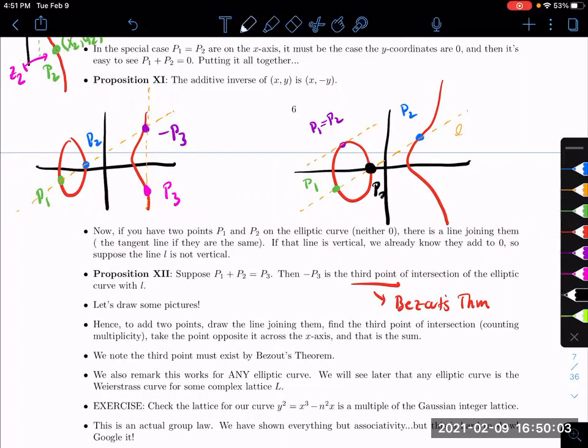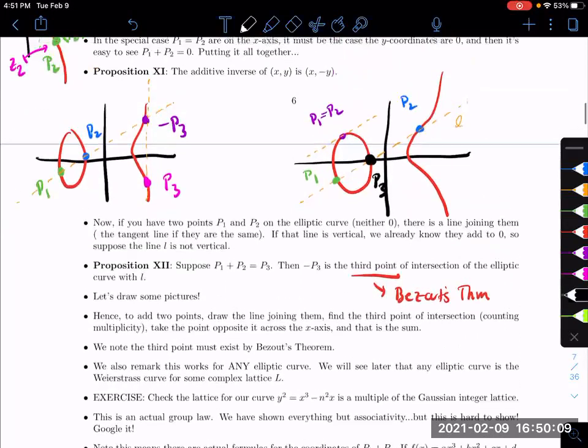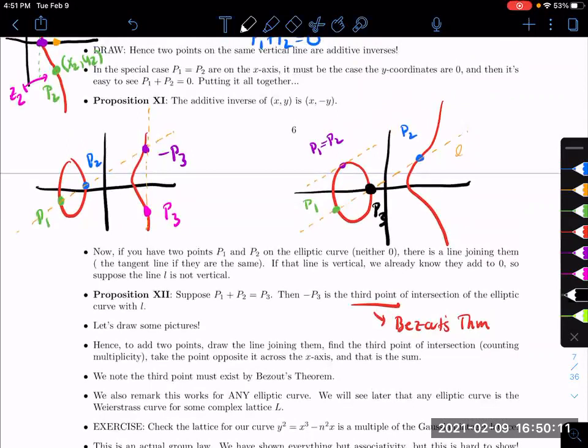By the way, I'll label that P3. Okay. So we know how to add points on elliptic curves. Now there actually is one other remaining problem with this addition law, and it's subtle.